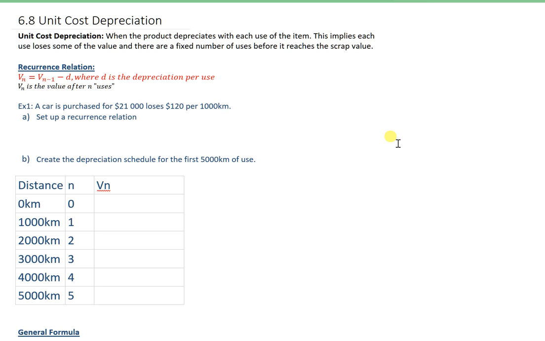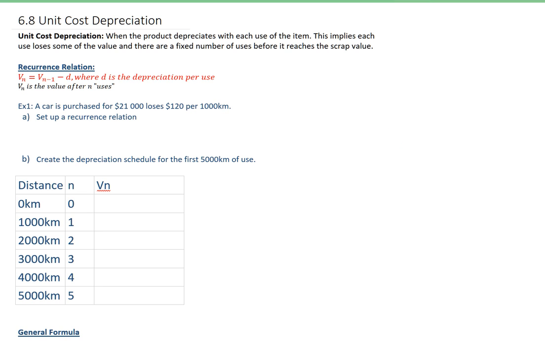What comes from that is that there are a fixed number of uses before it reaches the scrap value. Okay, so for a car, it might be after 250,000 kilometers, at that point it reaches its scrap value.